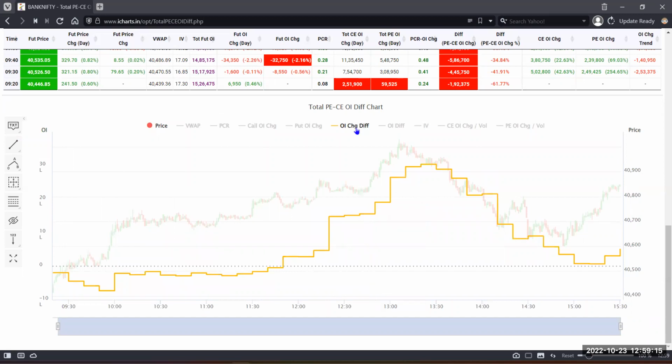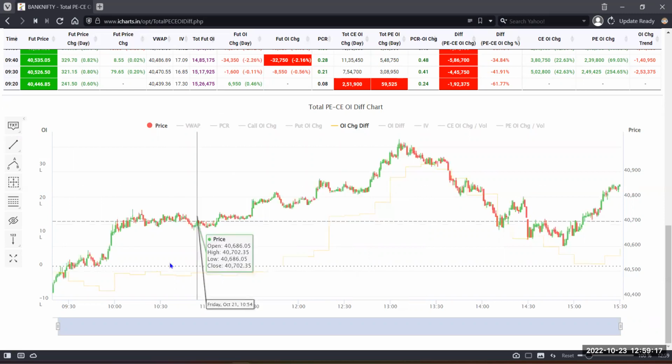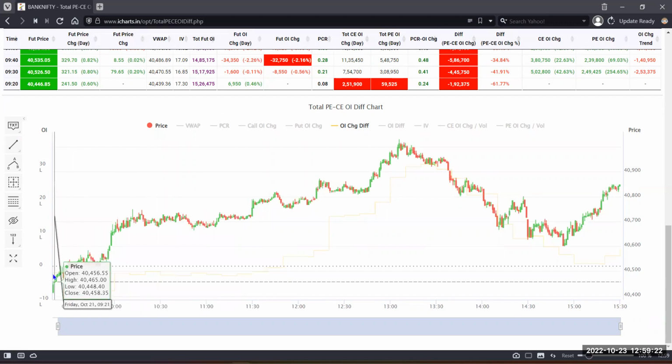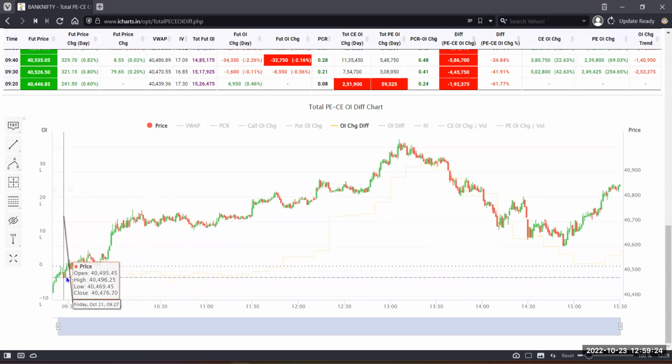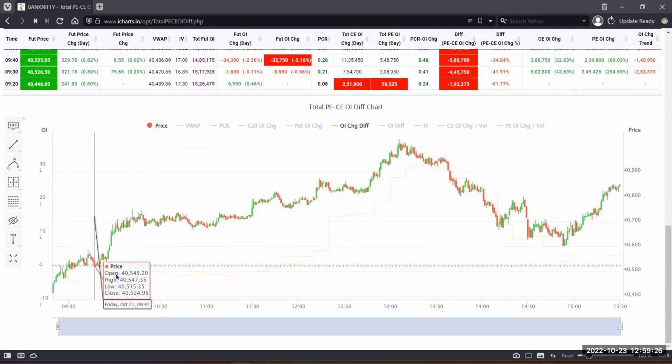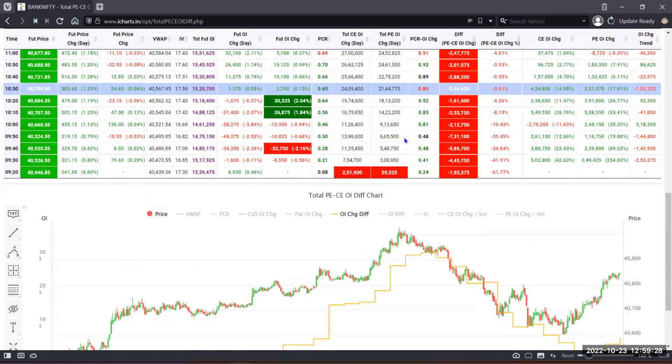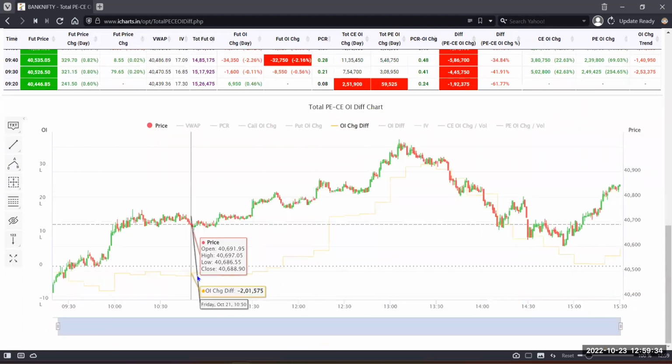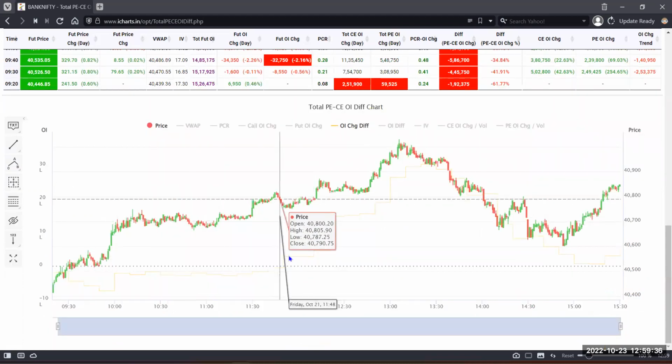This 0 is the dotted line here. But if you see, it takes time for it to go above 0 once there is a gap in the morning. For it to change, the day's call and put OI change has to change, and that can take some time.